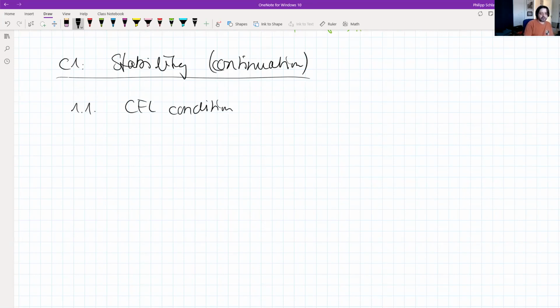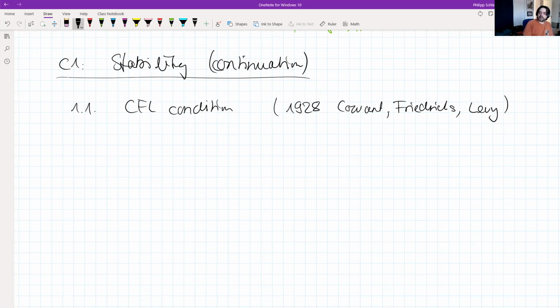Now, it's important to realize that the CFL condition, I mentioned it before, is from 1928 by Courant, Friedrichs, and Levy. So these three researchers did it in 1928.